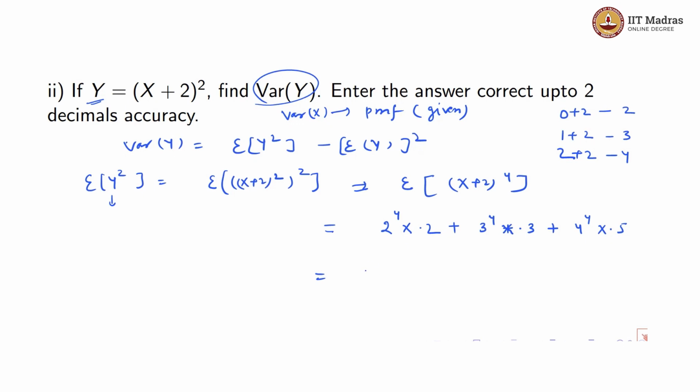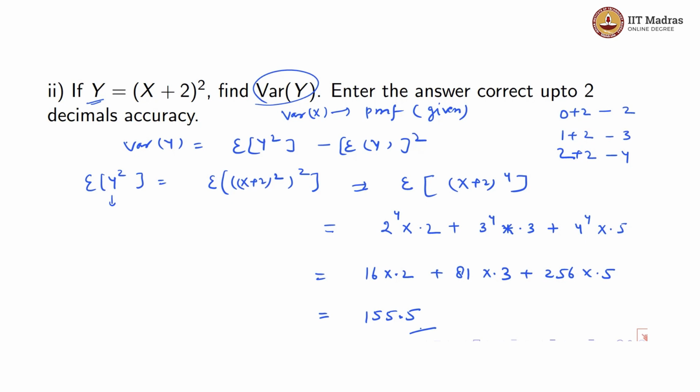This is nothing but 16 into 0.2 plus 3 to the power 4, 9 into 9 is 81, into 0.3, plus 16 into 16 is 256 into 0.5. This will be nothing but 155.5.